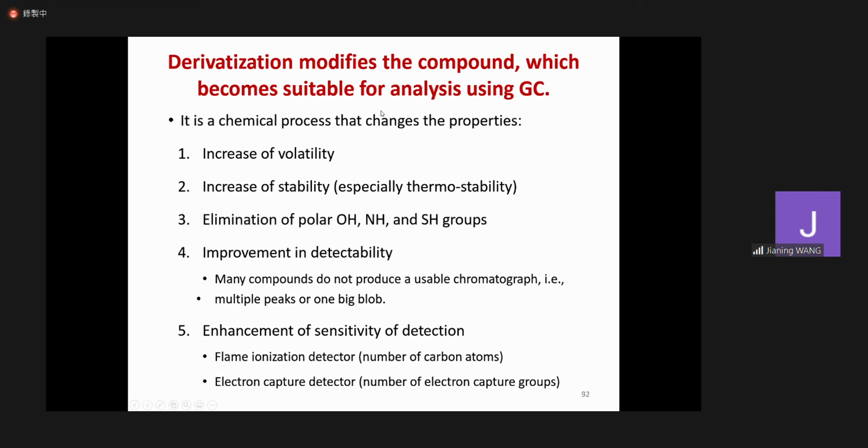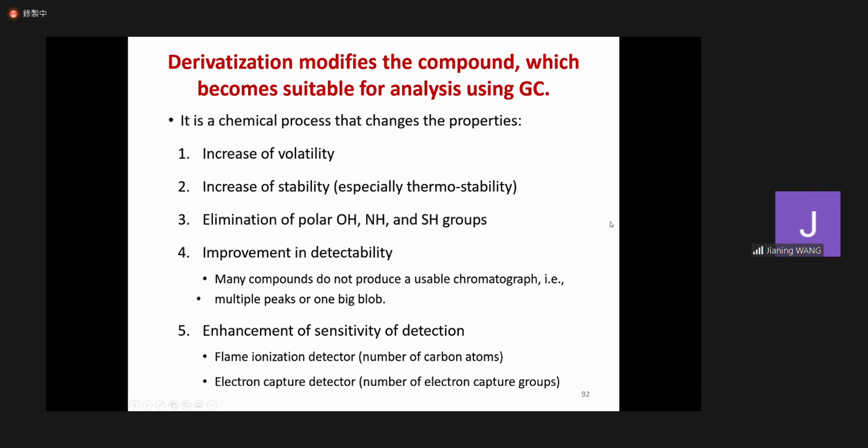We can do some chemical modification before injecting the sample into the GC. This belongs to sample preparation, and the target is to make your sample suitable for GC separation.